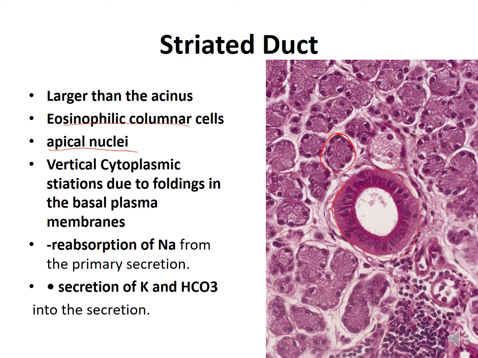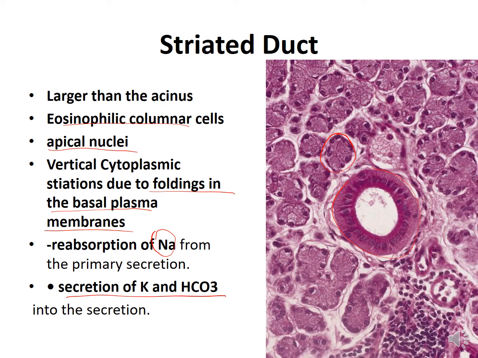due to the foldings of the basal plasma membrane of these cells, and due to the presence of excessive mitochondria here. Now these cells reabsorb sodium from the salivary secretion, and they secrete potassium and bicarbonate into the secretion.